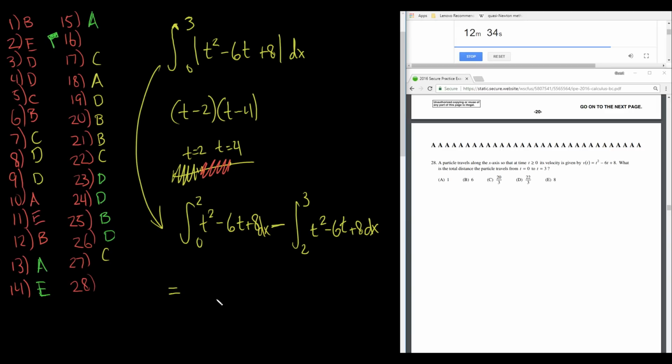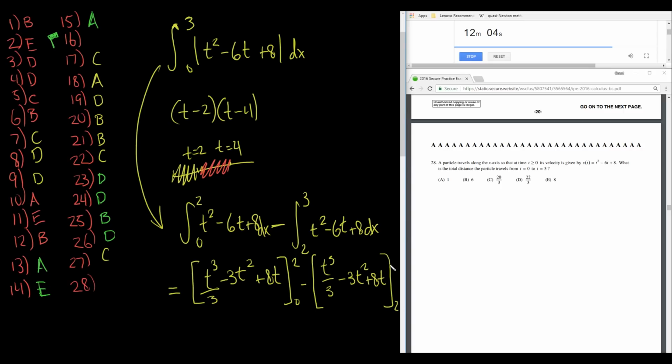Okay, so this is going to equal t cubed divided by 3 minus 3t squared plus 8t from 0 to 2, and then again t cubed divided by 3 minus 3t squared plus 8t from 2 to 3.